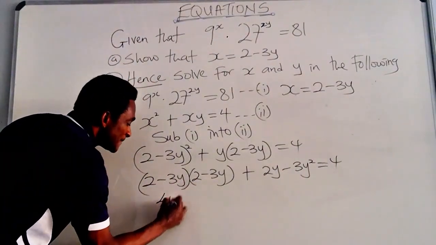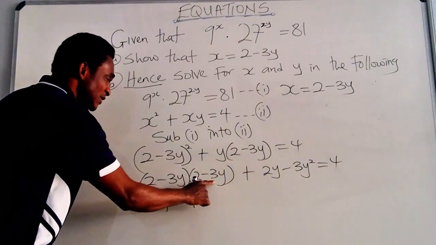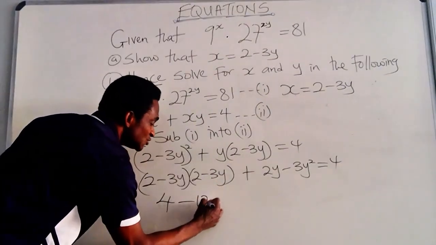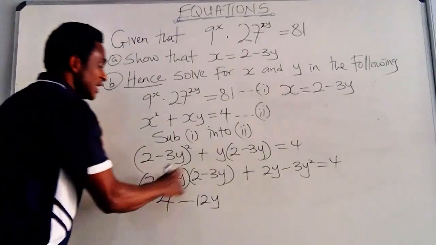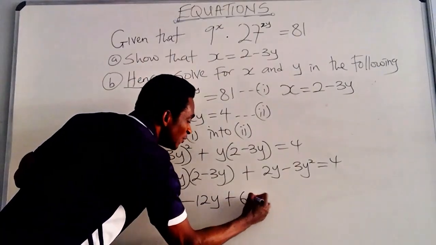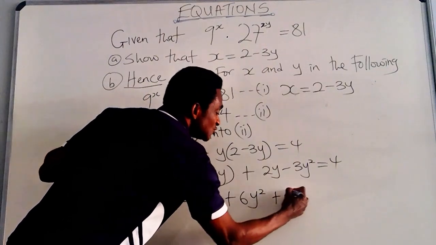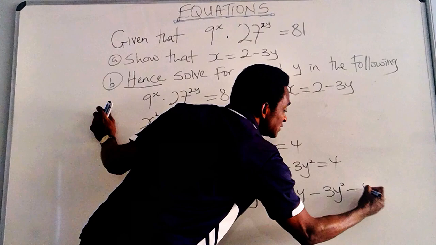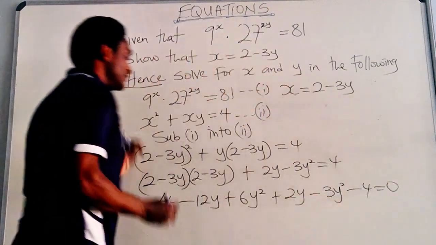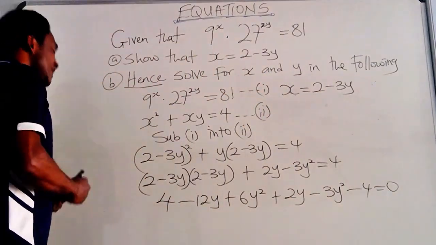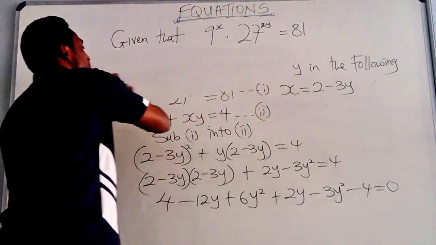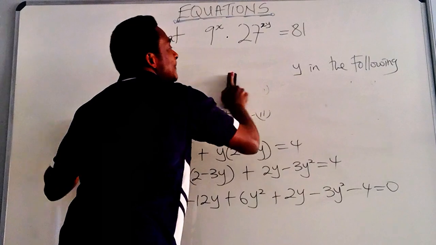This is 4 minus 6y minus 6y, which gives us minus 12y, then plus 9y squared plus 2y minus 3y squared minus 4. I want to write it in standard form.